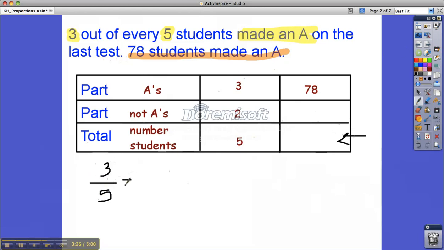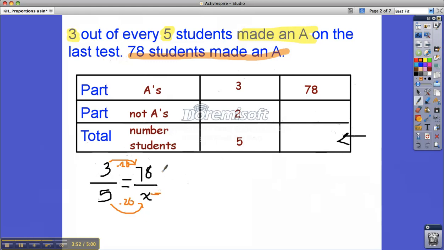We want to set up a proportion to solve for how many total students there are when 78 students made an A. There are a bunch of different ways you could solve that, and you should know how to solve proportions in those ways. I'm going to use the scale factor. 3 times 26 actually gets me 78, and so I'd do 5 times 26 to get x.